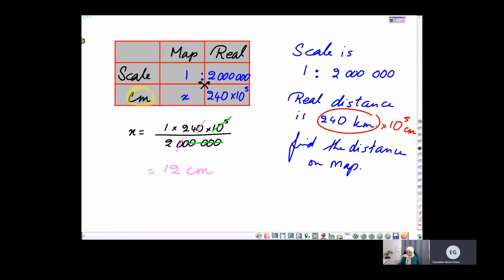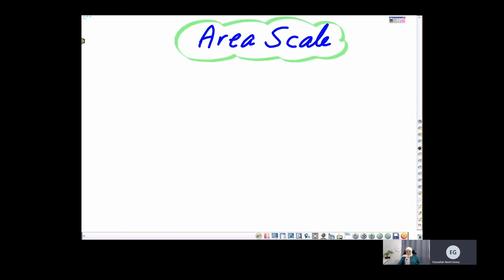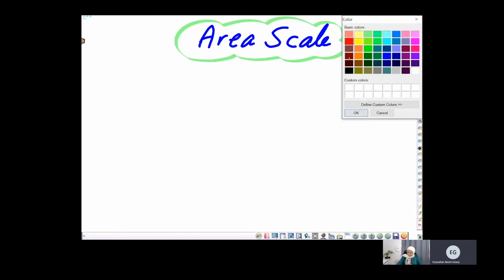Now, after we spoke about the map scale, we want to speak about also area scale. What is area scale? We are speaking about now the area of Egypt in reality.